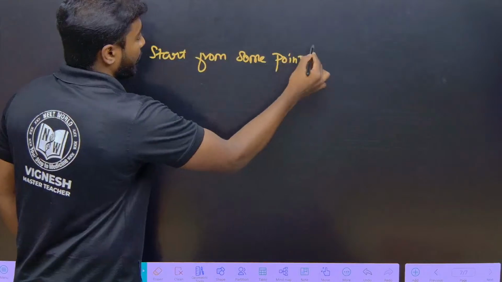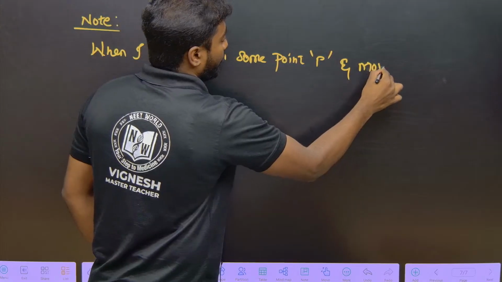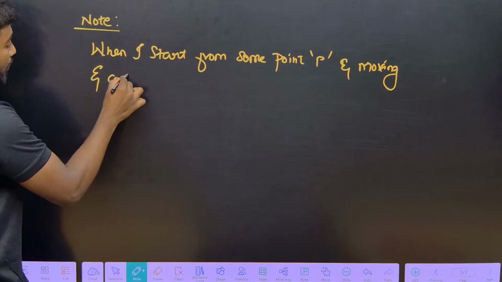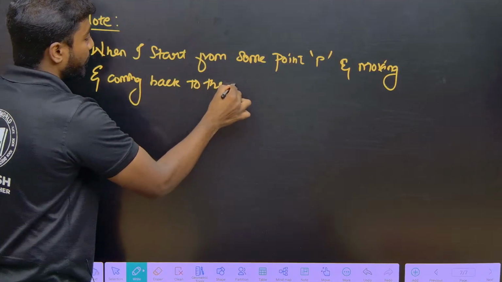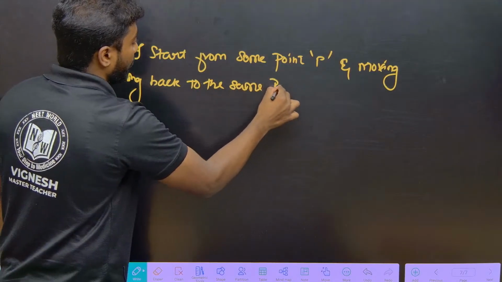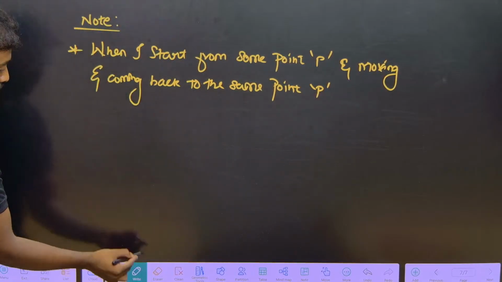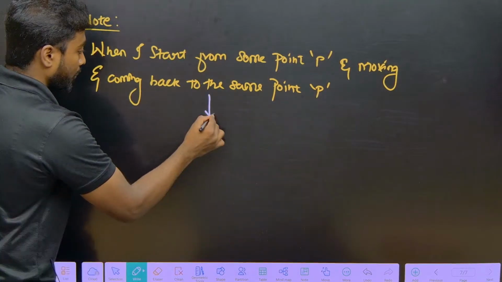The important point, note this point: when I start from some point P and move, and come back to the same point P, it means displacement is 0.